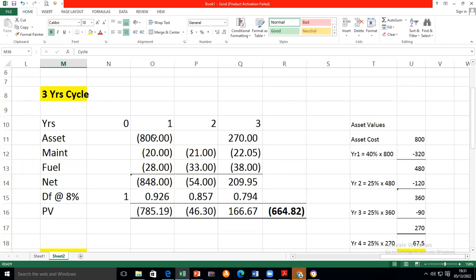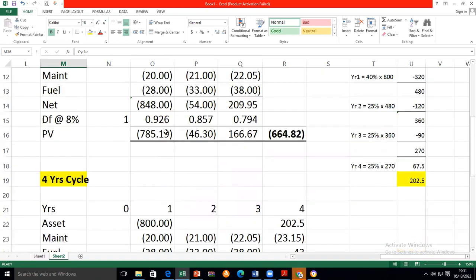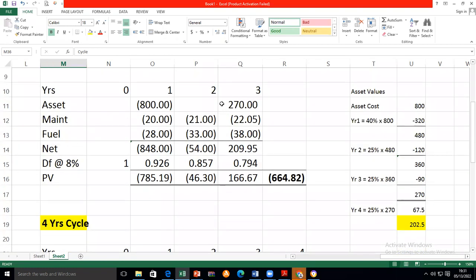Thirdly, they're not based on accounting profits. They're based on what? Cash flows. And finally, these methods ensure that the wealth of the shareholders is maximized. Maximization of shareholders' wealth.